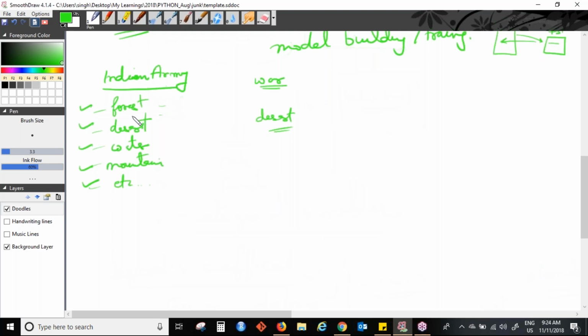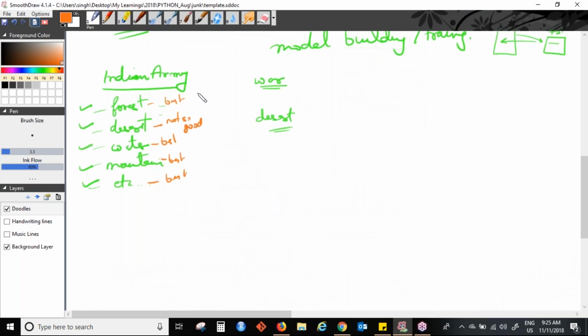Now if you just look at the accuracy on the training data, let's say the Indian Army is not so good here. At all other places we are best, but maybe here only we are not so good.